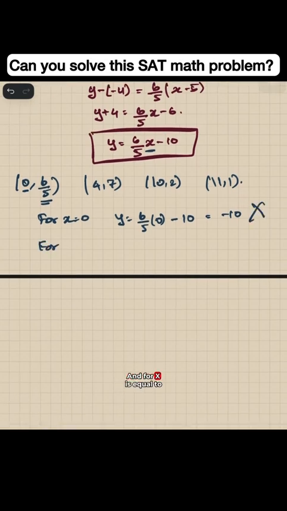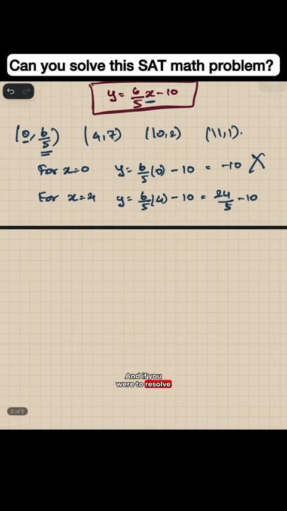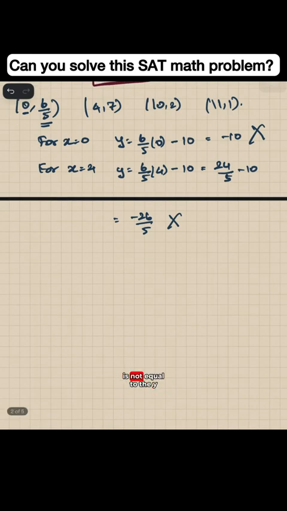And for x equal to 4, I'm going to do the same thing. y is equal to 6 over 5 times 4 minus 10. So you would get 24 over 5 minus 10. And if you were to resolve this, you would get negative 26 over 5. And this also is not equal to the y value.